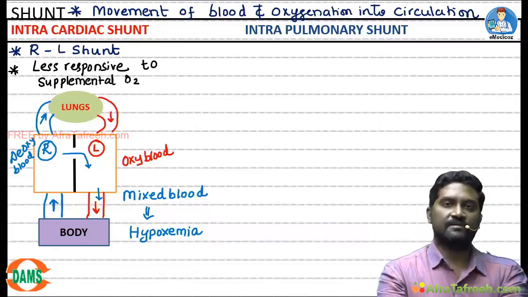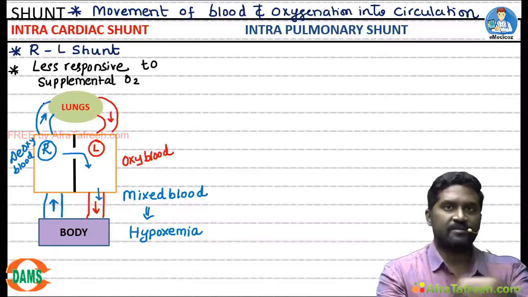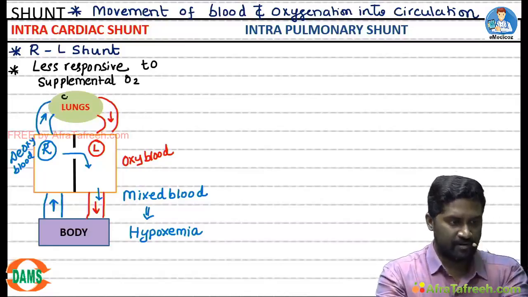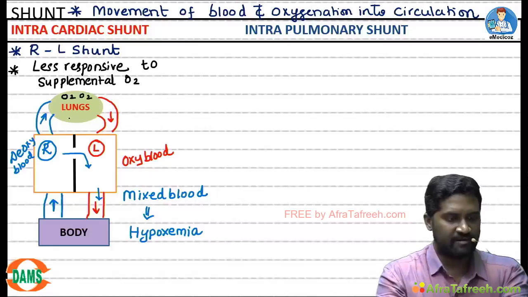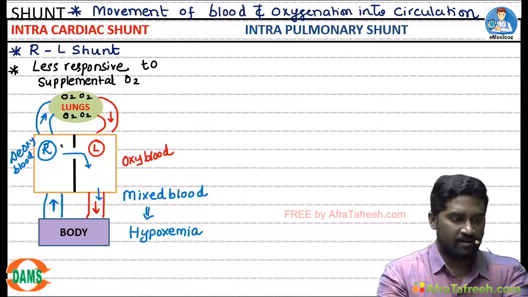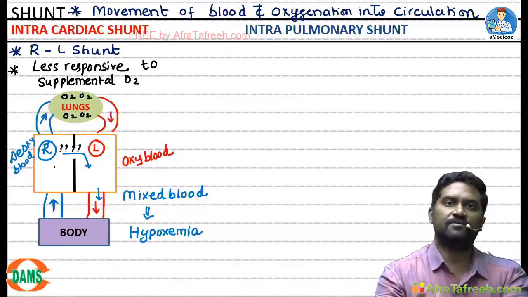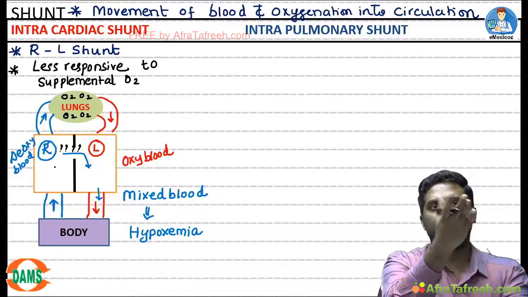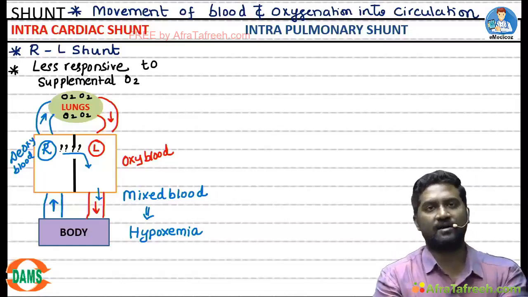So what is the reason? Whatever oxygen you give students, it will go and reach his lungs. So this oxygen given to the lungs is in no way changing this pathophysiology. If you give oxygen to his lung, it is not going to correct that right to left shunt.